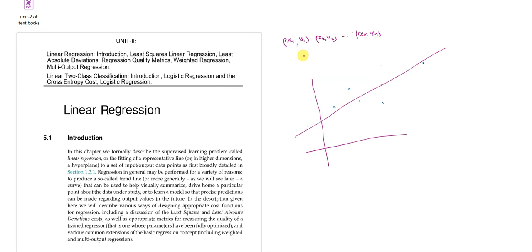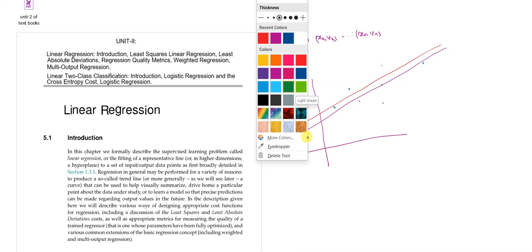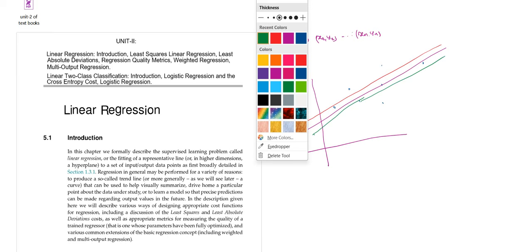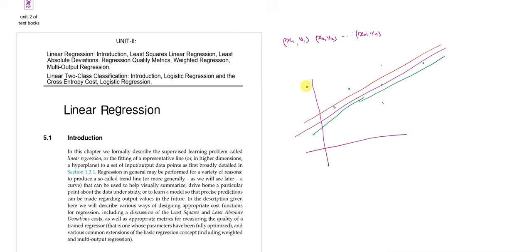I may choose a straight line like this, or like this, or any other way. Even I may go like this. Infinitely many possibilities are there.